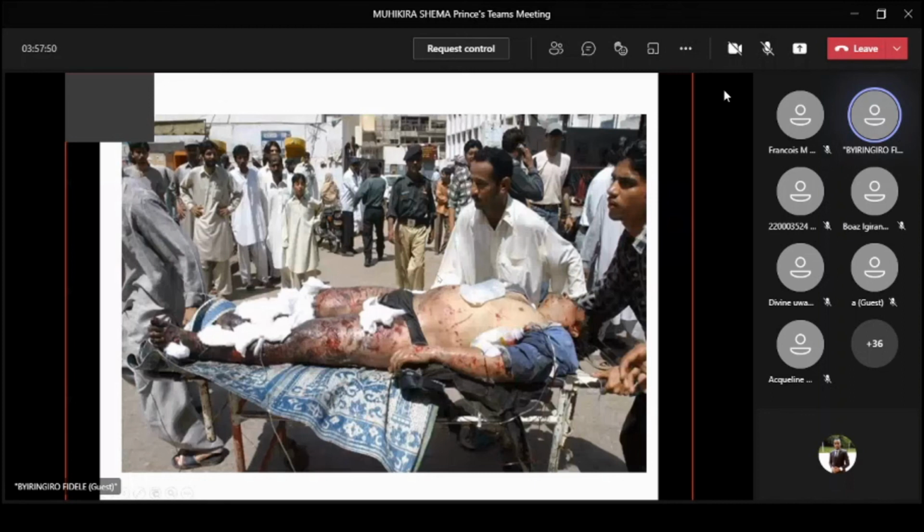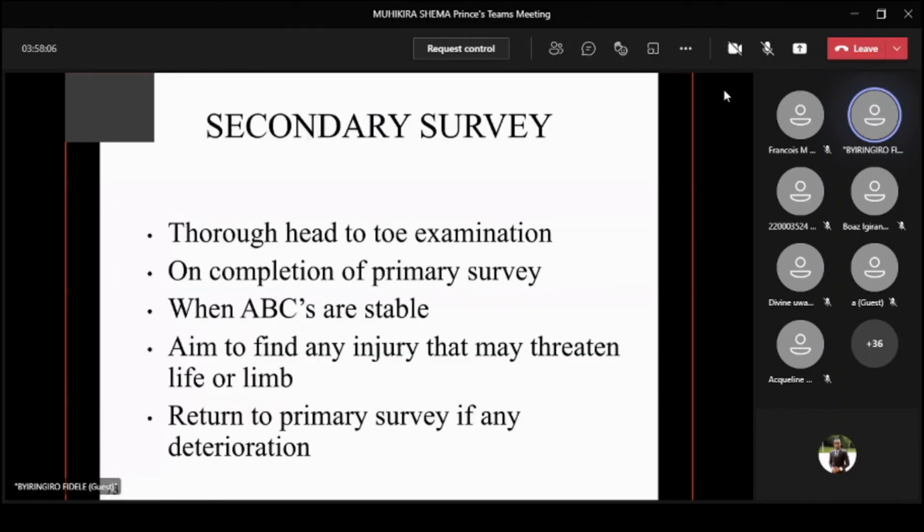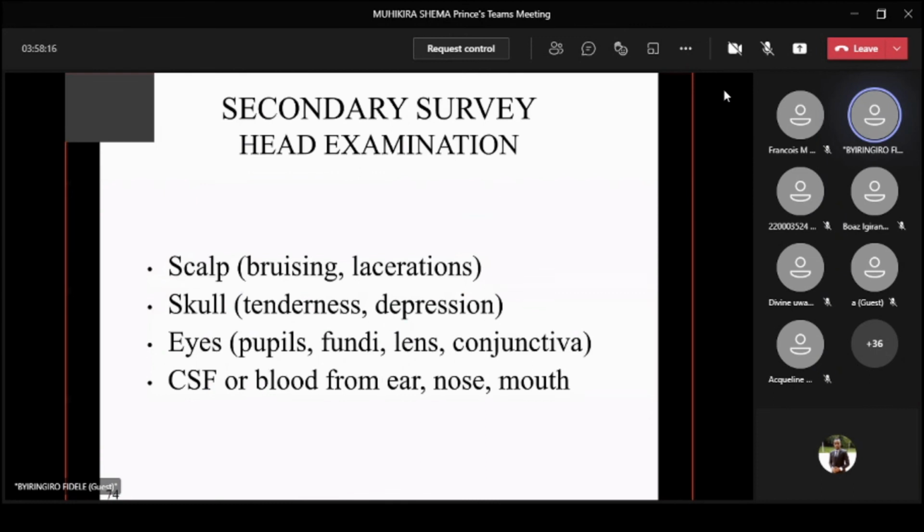Good. So secondary survey, you now go with the head-to-toe examination on completion of primary survey, and these are done when the ABCs are stable, okay? If there is any challenge, any problem, you come back to primary survey for any deterioration. So you do a head-to-toe examination, you are going to read about this, you already know how to examine the head. Recognize this is one example of cranial base injury.